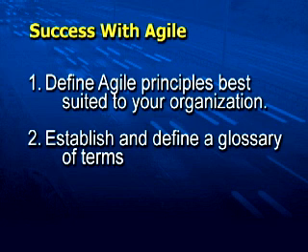I'd say the second thing is making sure that there's some kind of a glossary of terms defined. People use Agile in so many different ways. The warning label here is don't buy Agile as a label, because that's why people buy it. They buy it as a label. We want to be Agile. We want to go Agile. That's great.